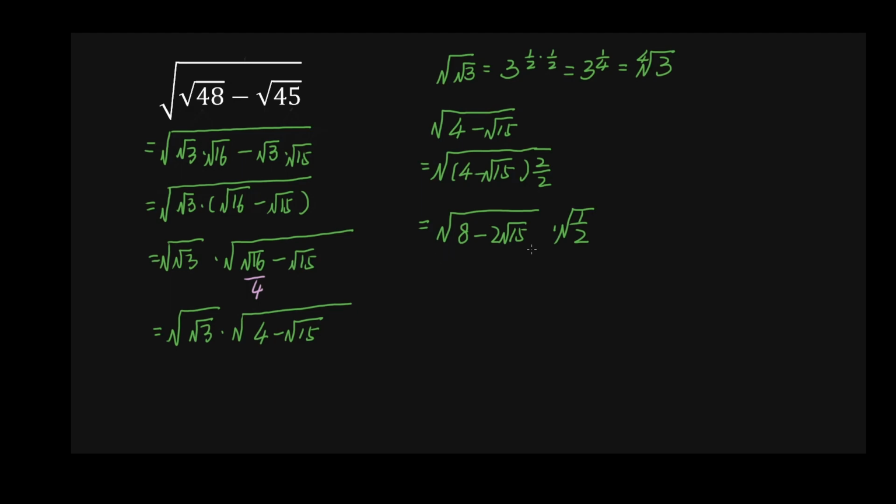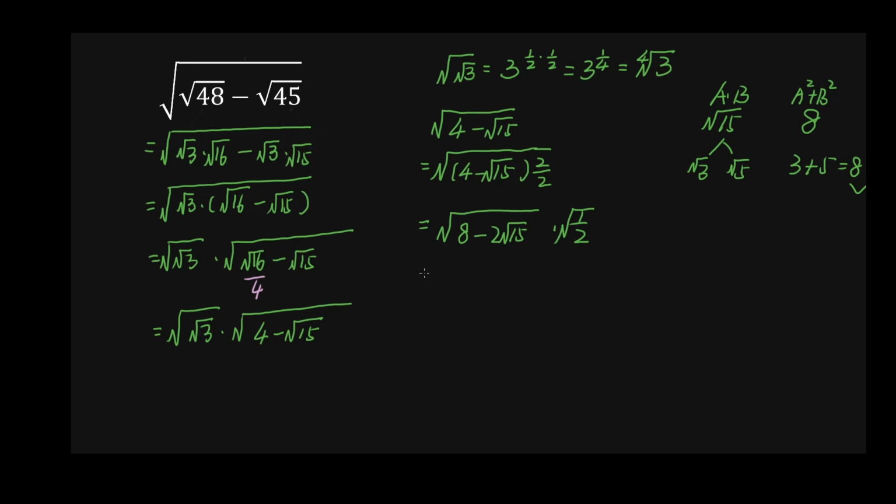And we know that 8 corresponds to a squared plus b squared, and the square root 15 corresponds to a times b. Split it into two parts, square root 3, square root 5. This squared is 3. This squared is 5. 3 plus 5 is 8. This is the right answer.